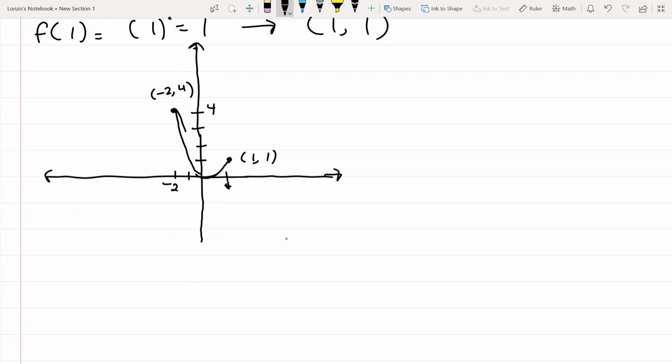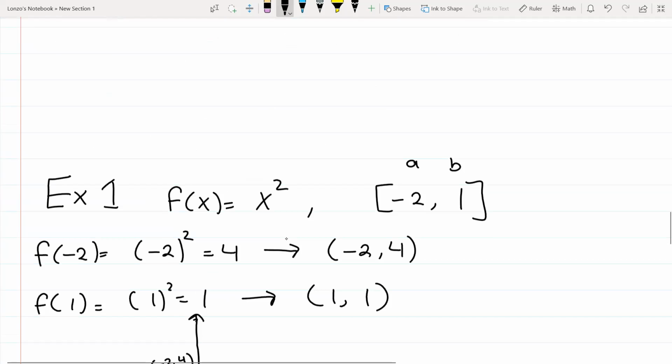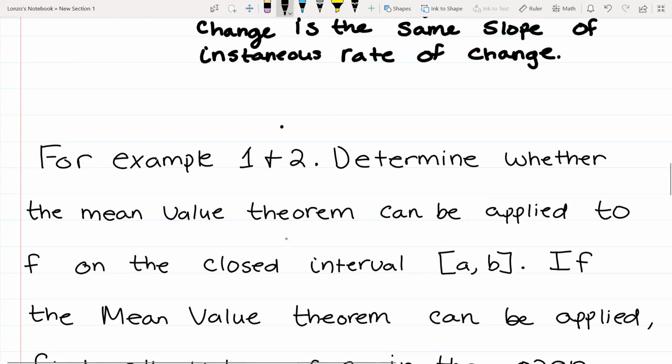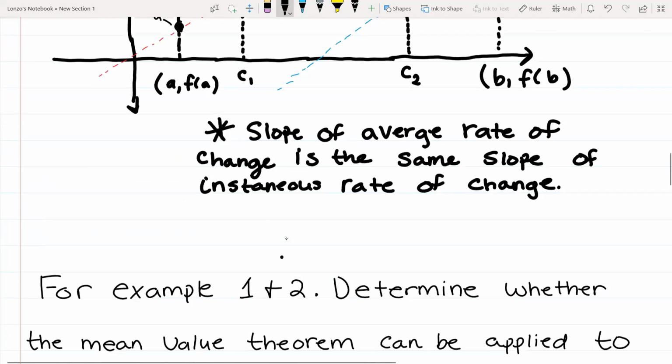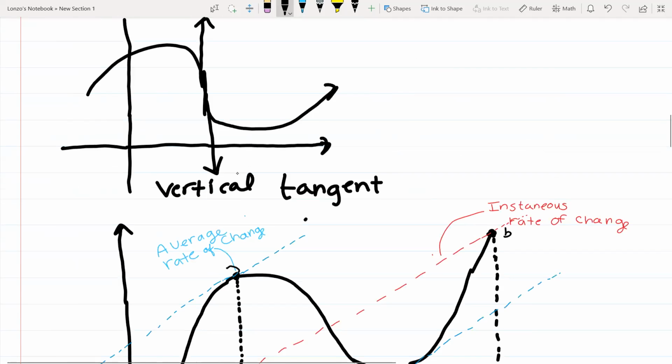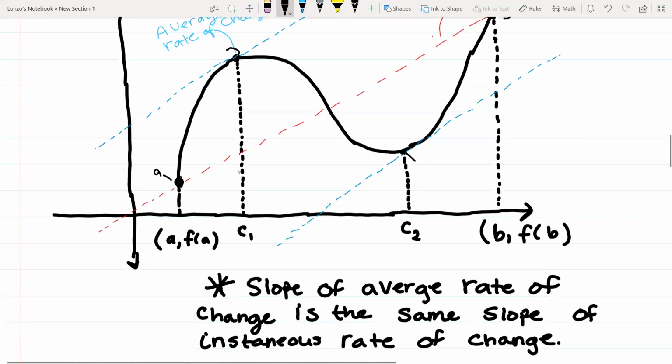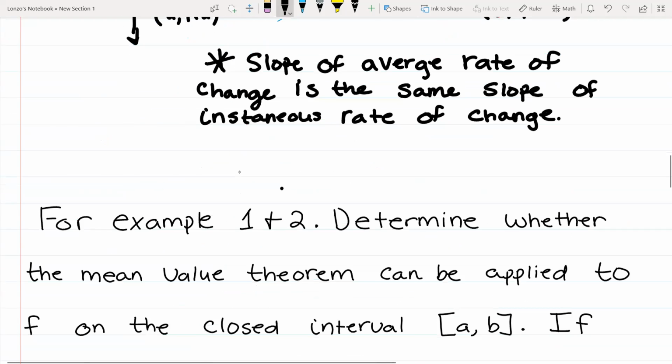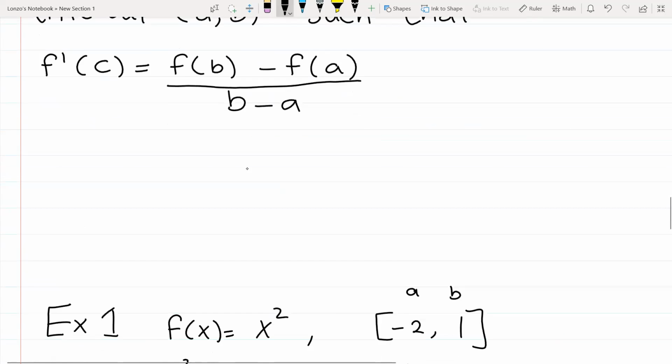If you look at our graph, there is no cusp, there are no sharp turns, and there is no vertical tangent. It doesn't look anything like these three examples. No cusp, no discontinuity, and no vertical tangent. So this means that we can actually apply the mean value theorem.